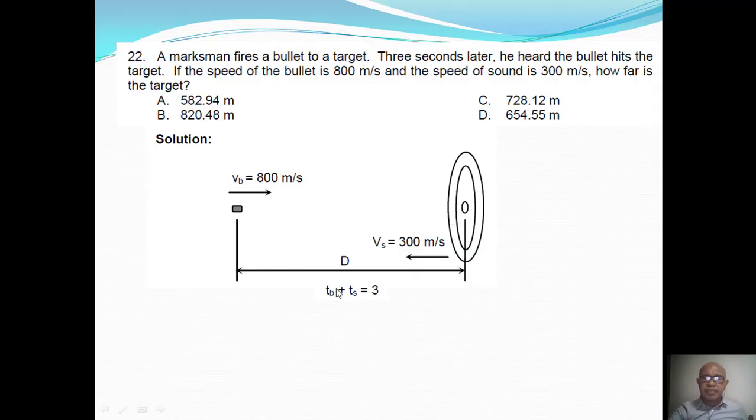But we can express the time in terms of distance over the rate. So expressing each time as distance over the rate, then we can have distance over the rate of the bullet plus distance over the rate of the sound. The total time is 3 seconds. Then we can substitute values. Then the only unknown is the t.